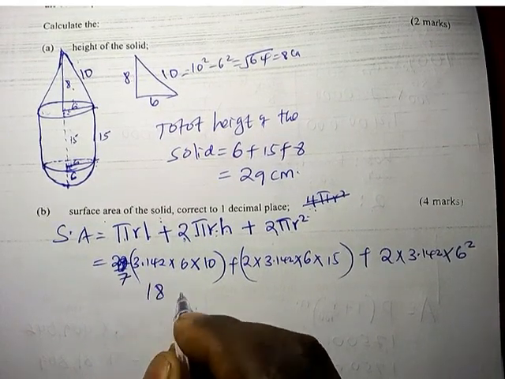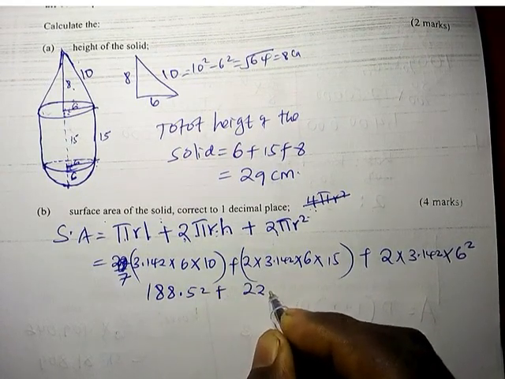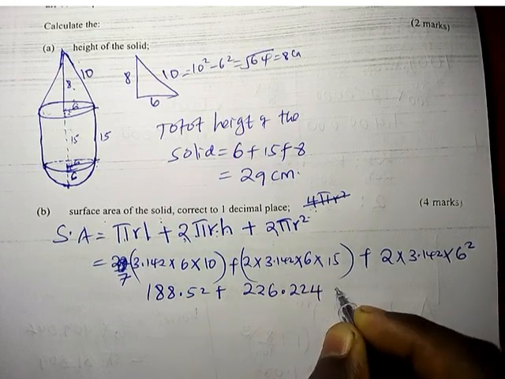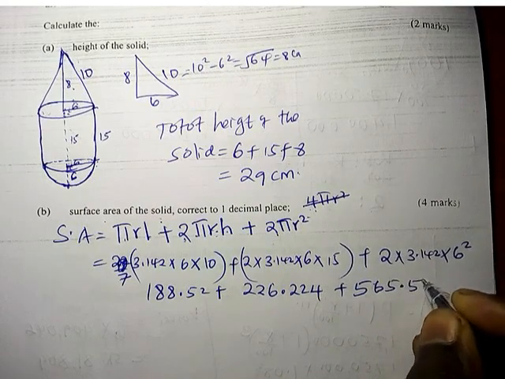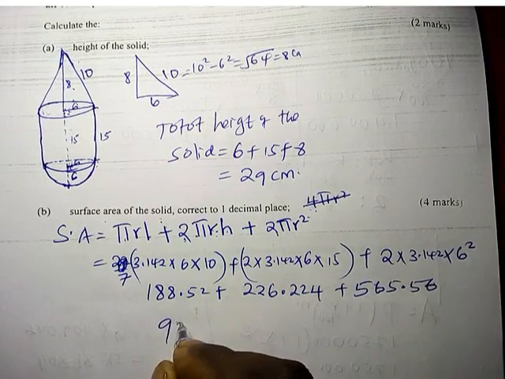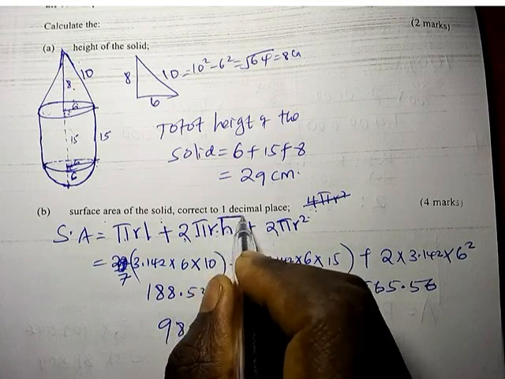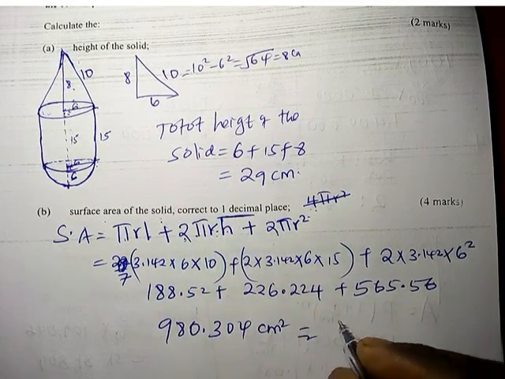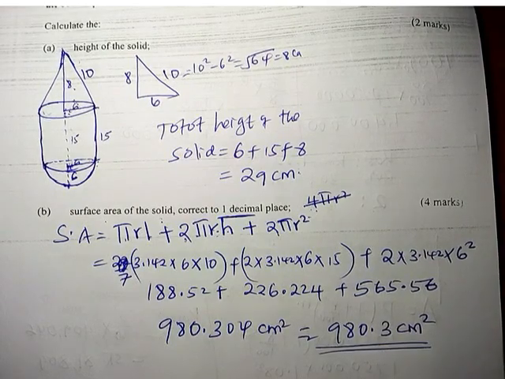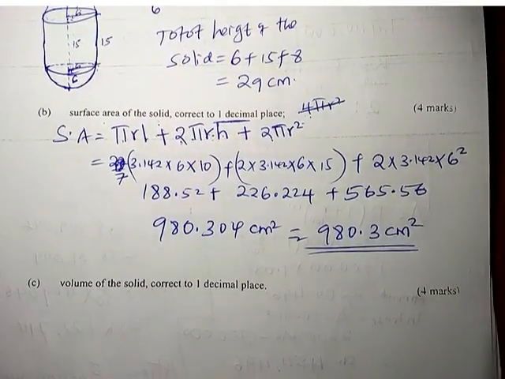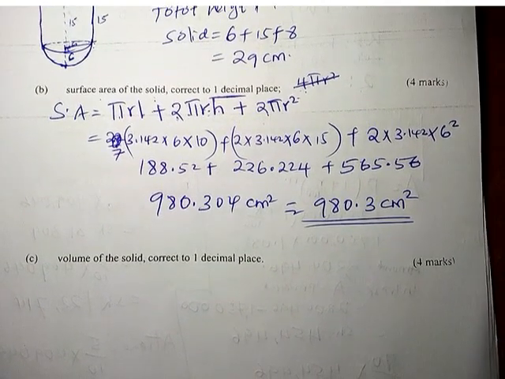This one will be 188.4 plus 565.2 plus 226.08, and now the total will be 980.304 centimeters square, but tuliambiwa to 1 decimal place. This is the same as 980.3 centimeters square. So ni vizuri sana kushika formulas. Kama hujui formula hesabu itakuwa ngori.